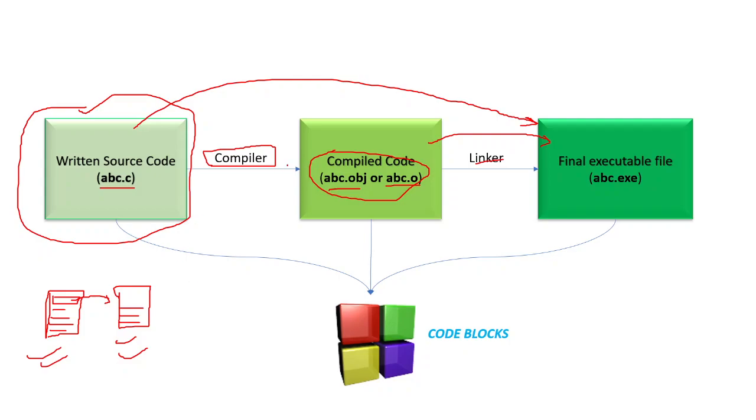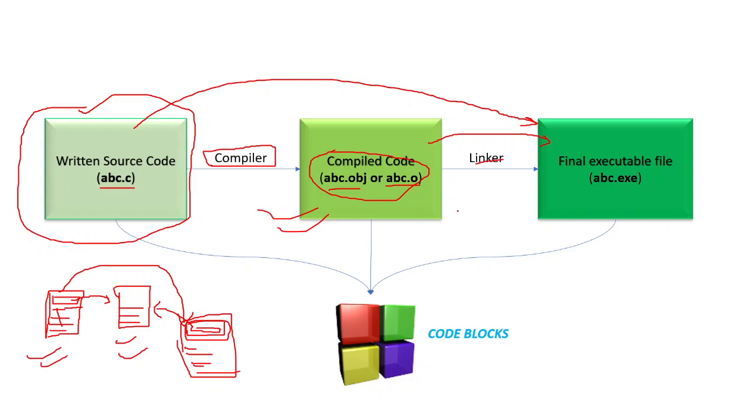The compiler will convert this source code into an object file, like abc.obj, and this file will contain the part which has the link to the external file. The linker takes care of this link to the other file.